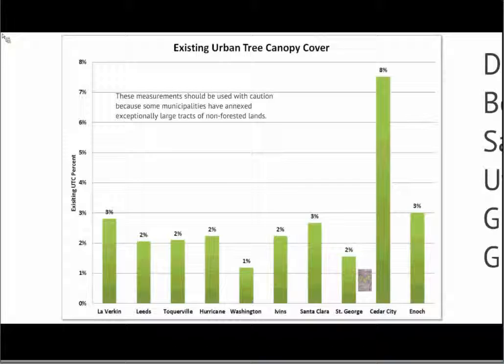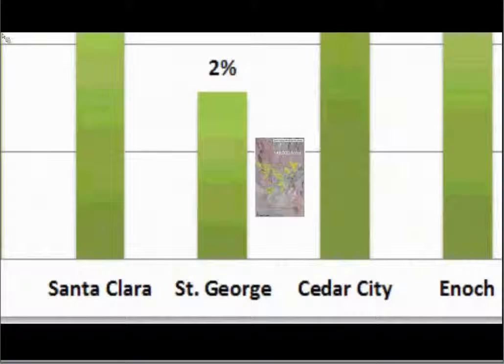What you can see here is the existing percent urban tree canopy cover per municipal area, and fairly good. Cedar City has a pretty high percent. 8% of their municipal area is urban tree canopy. Washington, not so much. St. George, around 2%. But what you have to do is take this with a bit of a grain of salt.